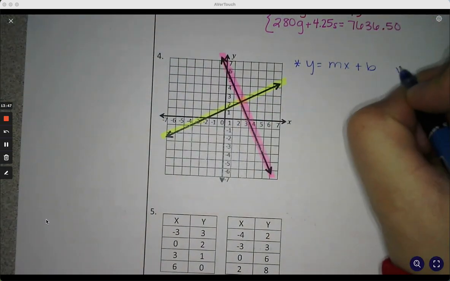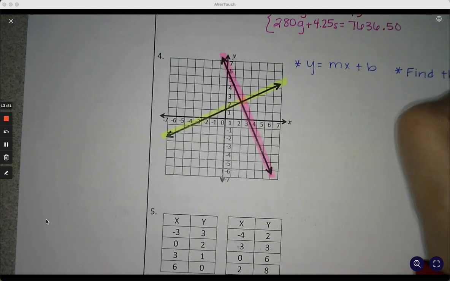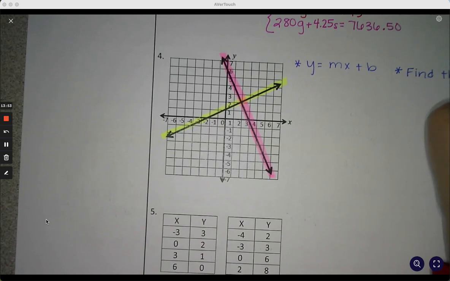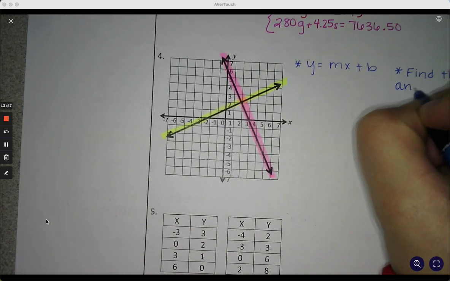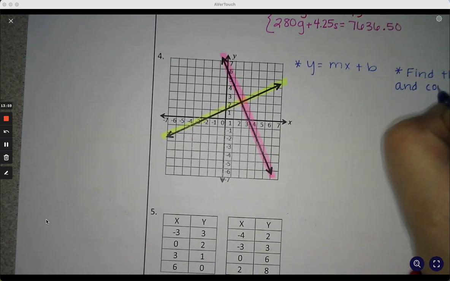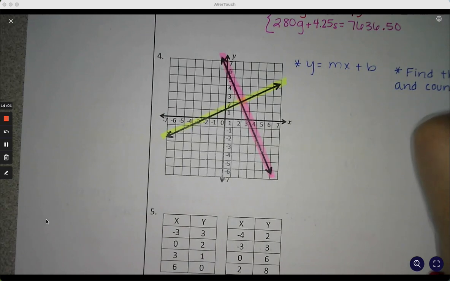And we're also going to find the y-intercept and count the rise over run to find the slope.